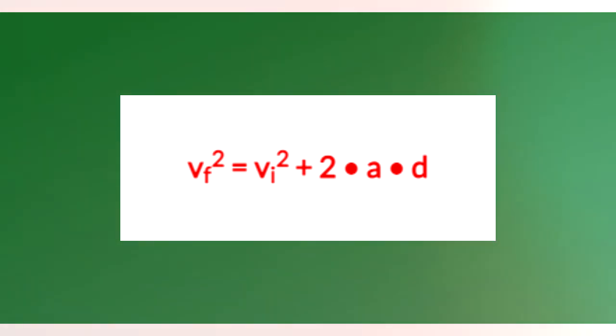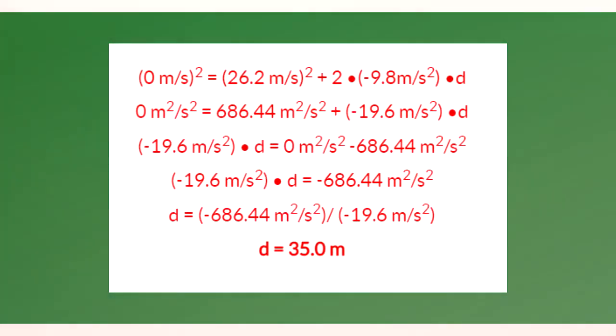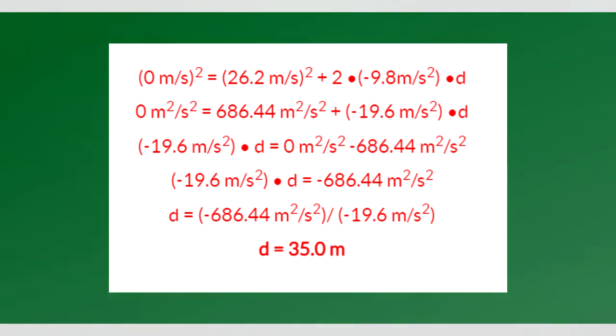An inspection of the 4 equations above reveals that the equation on the top right contains all 4 variables. Once the equation is identified and written down, the next step involves substituting known values in the equation and using proper algebraic steps to solve for the unknown information. The solution reveals that the vase will travel upwards for a displacement of 35.0 meters before reaching its peak.